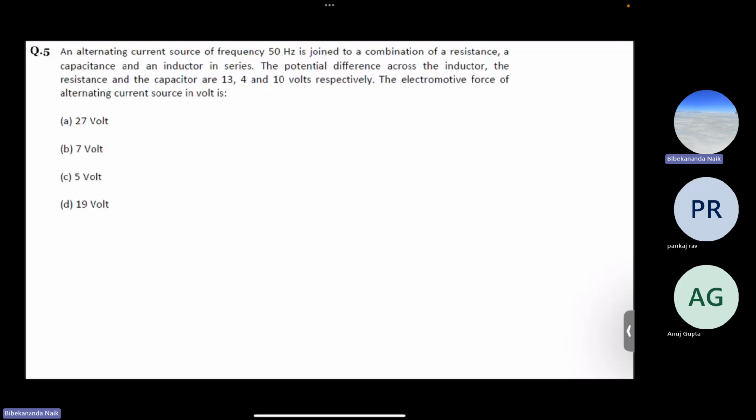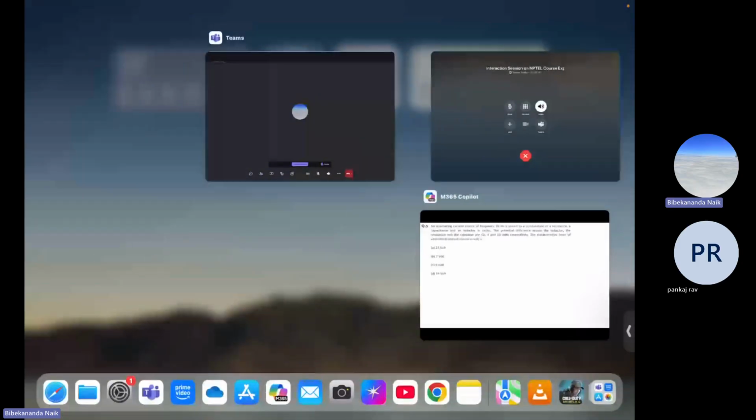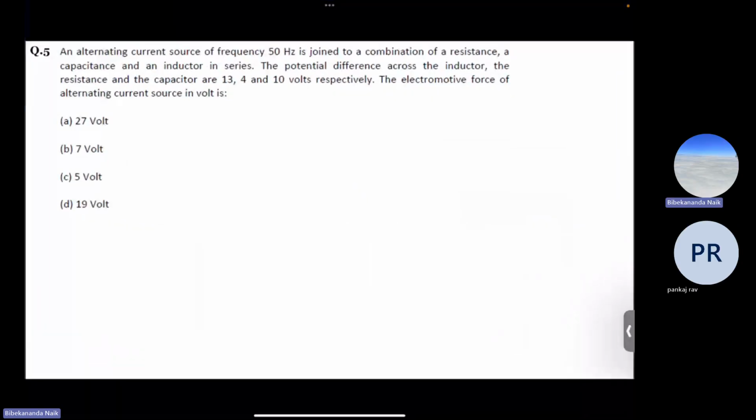Now this is question number 5. Question number 5 says an alternating current source of frequency 50 Hz is joined to a combination of resistance, a capacitance, and an inductor in series. The potential difference across the inductor, the resistance, and the capacitor are 13, 4, and 10 volts respectively.